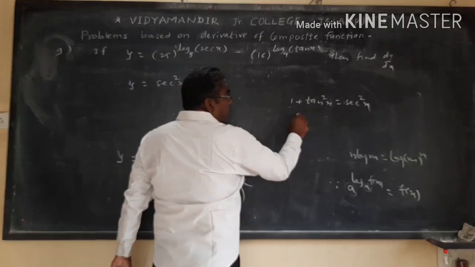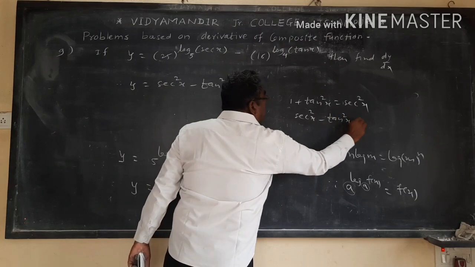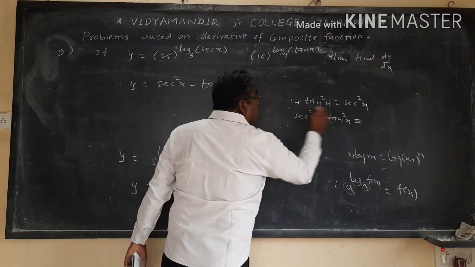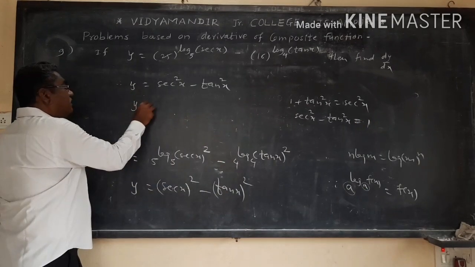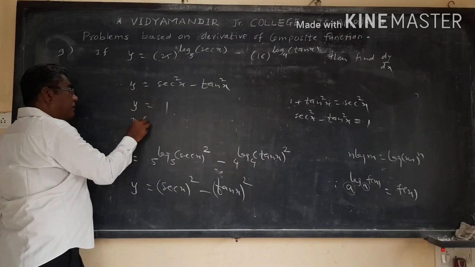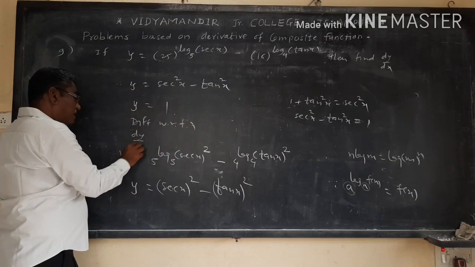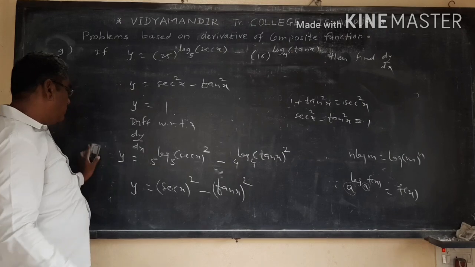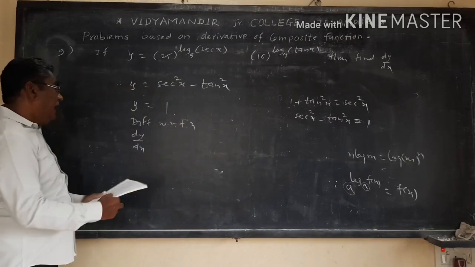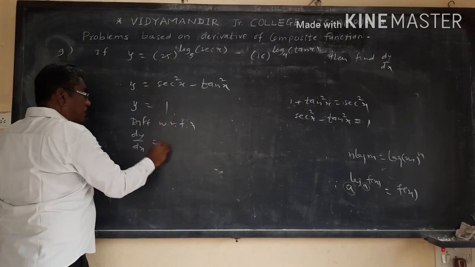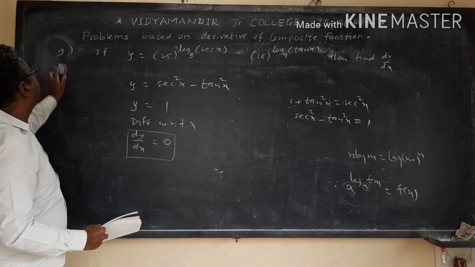Therefore sec square x minus tan square x is 1. So y is equal to 1. Differentiate with respect to x, dy by dx is equal to d by dx of 1, which is 0. This is the answer. Next problem.